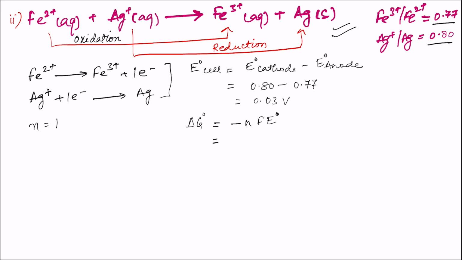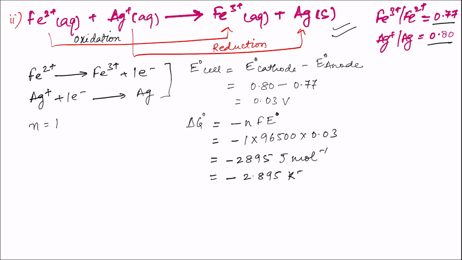So value of n is 1, so minus 1 into 96500 coulomb multiplied by 0.03, and this is equal to minus 2895 joules per mole, and in kilojoules it will be minus 2.895 kilojoule per mole.